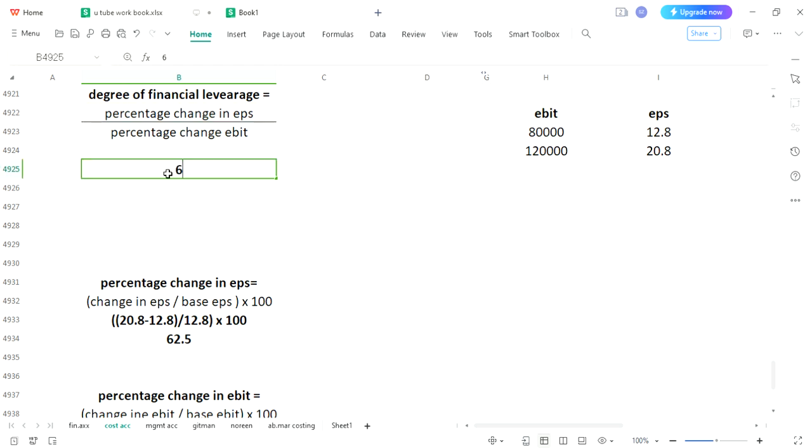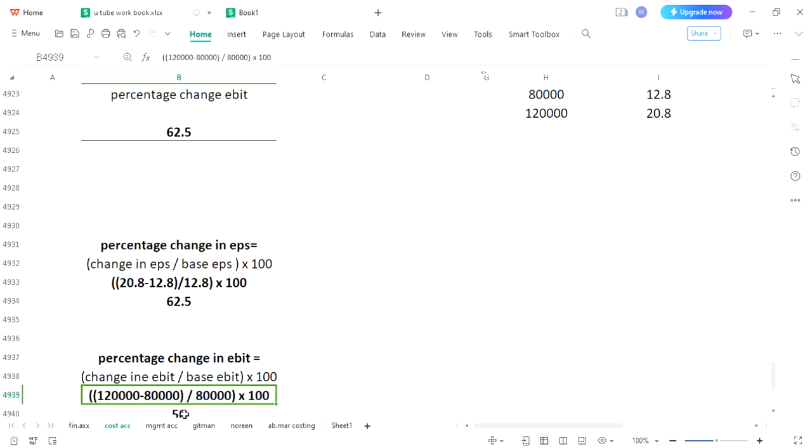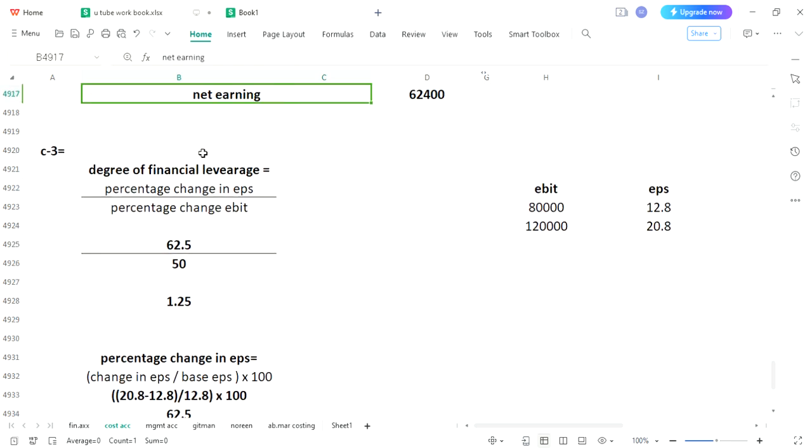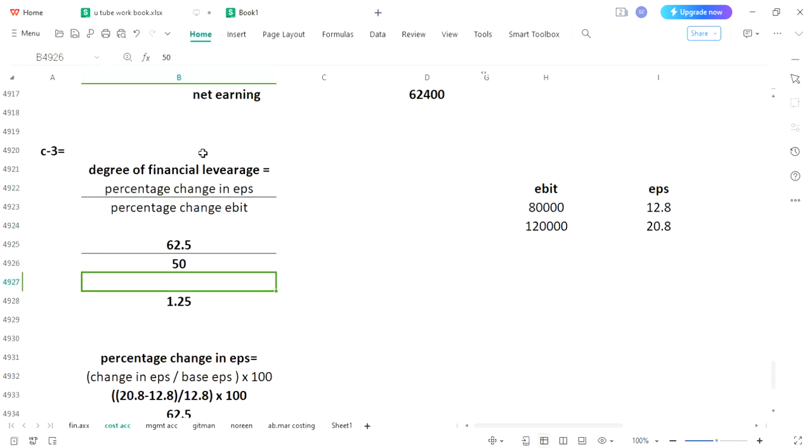Put 62.5 over here, and now you just need to put the second element, which is the percentage change in EBIT. Here you have calculated the percentage change in EBIT, which was 50. Put 50 over here, and now you can calculate it. Simple, 62.5 divided by 50.